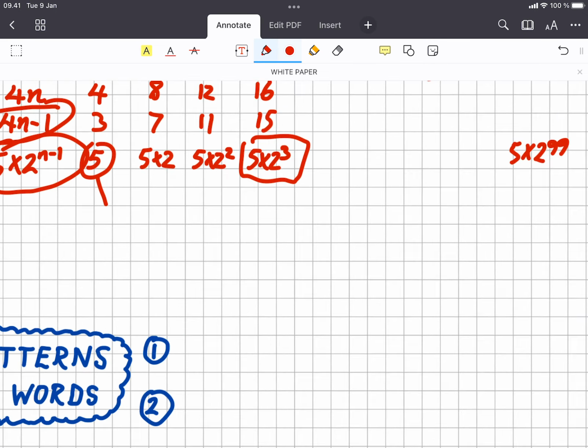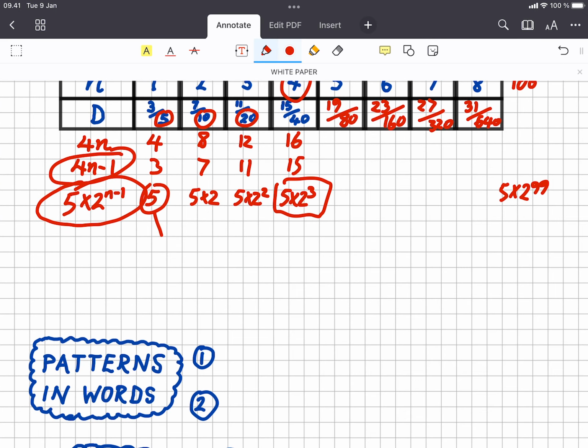Some patterns in words. One for the numerator, one for the denominator would be a good idea.